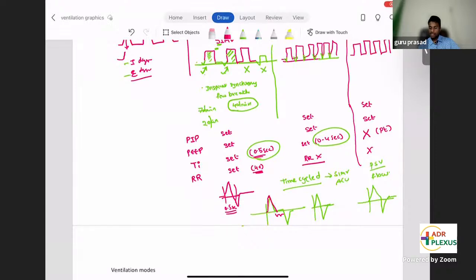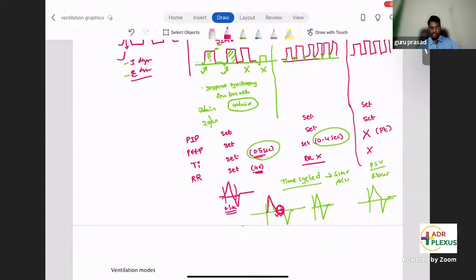This is known as inspiratory trap, or inspiratory lag. Even after the patient completes his inspiration, he has to wait for expiration, because of the time cycle ventilation.